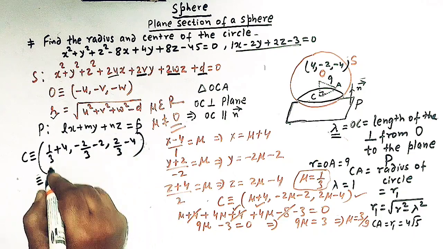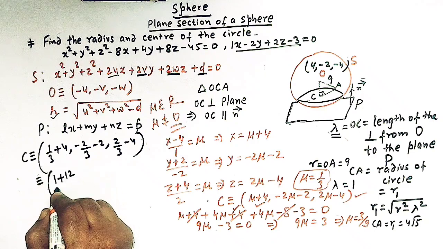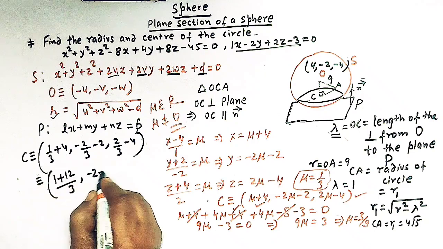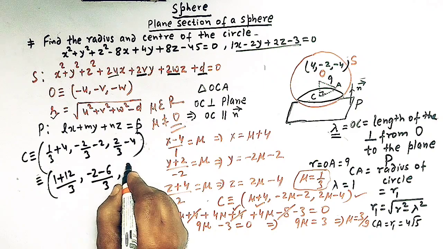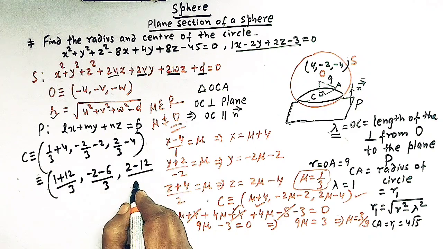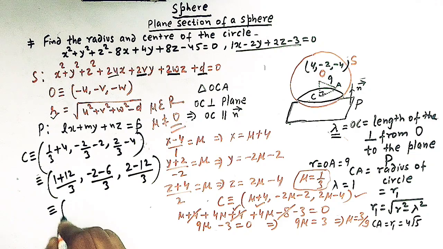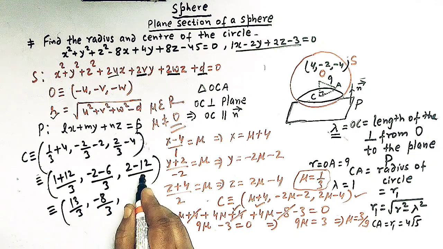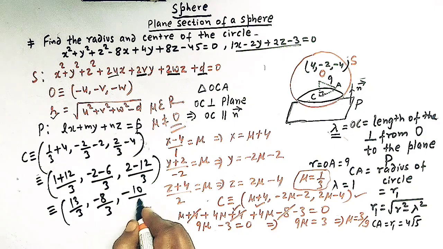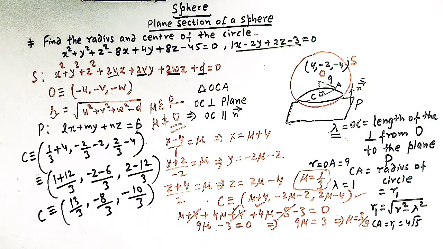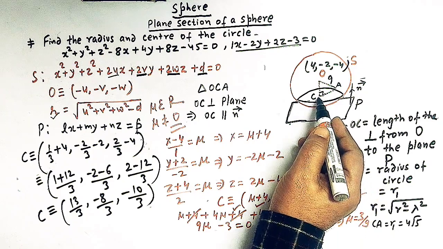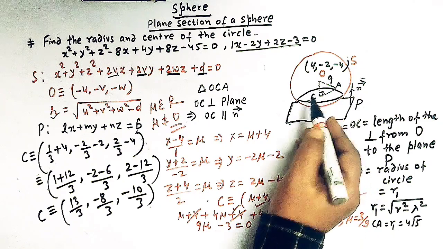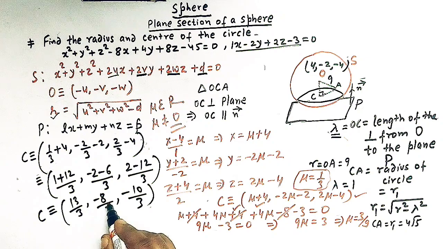So this is 1 plus 12 over 3, this is minus 2 minus 6 over 3, this is 2 minus 12 over 3. And this is 13 over 3, this is minus 8 over 3, and this is minus 10 over 3. Right? So viewers, the coordinates of the center of the circle, that is C, is given by 13 over 3 comma minus 8 over 3 comma minus 10 over 3.